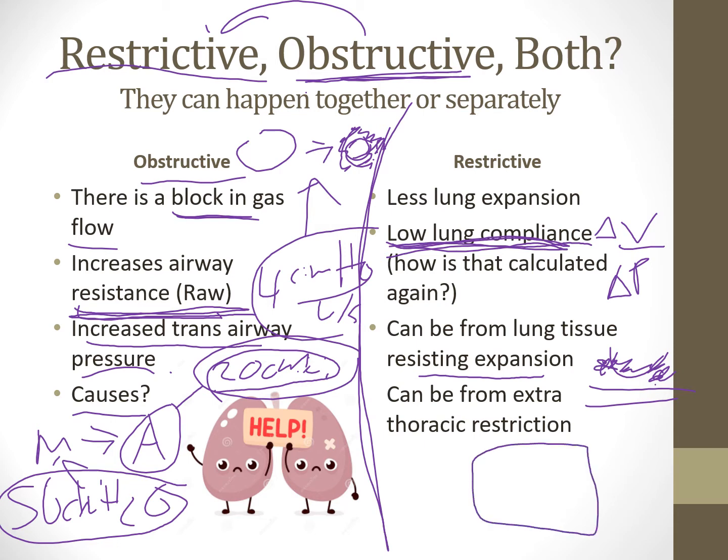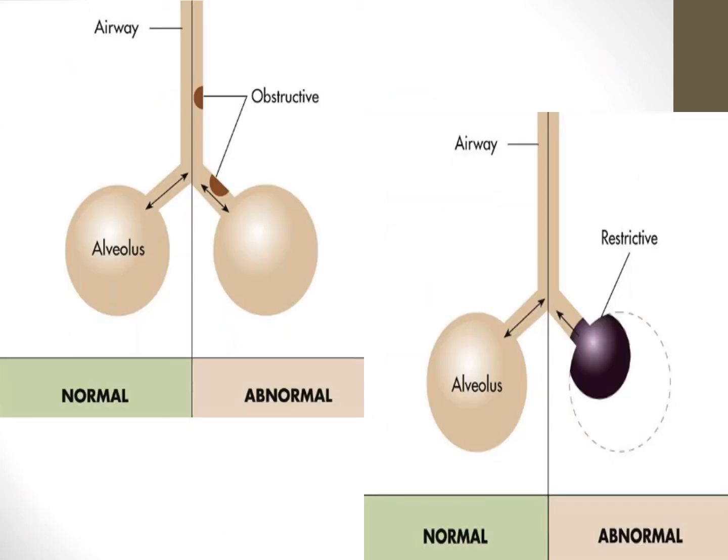So if we have the thoracic cage and we have the lungs, and then we have a massive pleural effusion building up in the left side, it's going to start causing collapse of that left side of the lung because we have more pressure being exerted on the lung tissue. And so that's going to be restricting the volume of the lung overall. So it can be extrathoracic, right? It can be outside the lung tissue, or it could be something wrong with the lung tissue altogether. So outside the lung or lung tissue, either way, something's causing a decreased expansion.